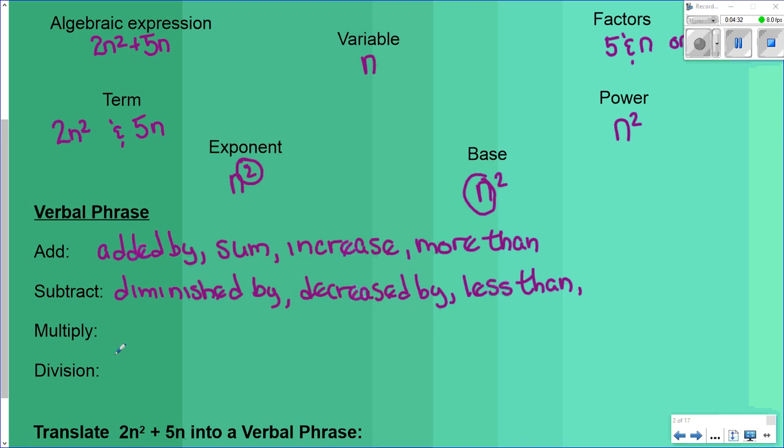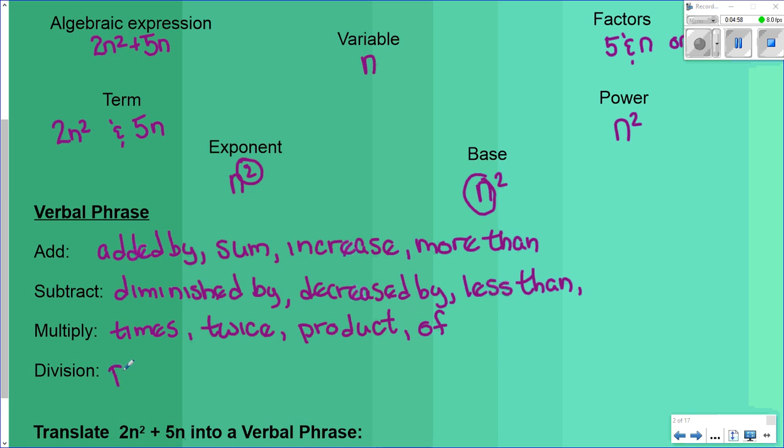Multiply, we have times or twice. That tells you to multiply because you're multiplying by 2 times. And product, that's one that comes up. Of course, of tells you to multiply.